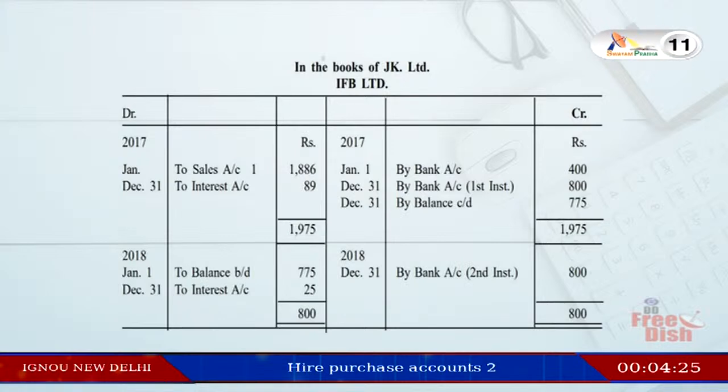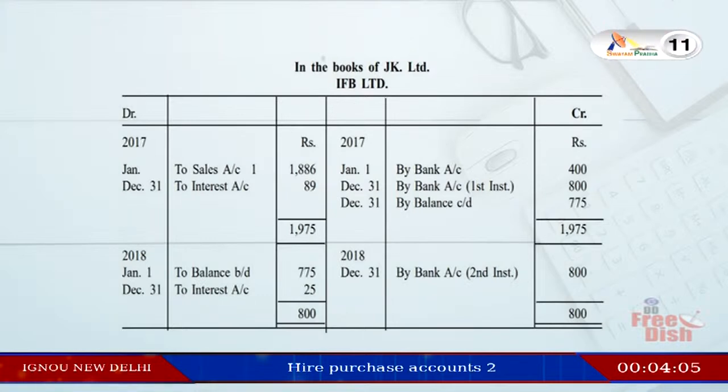Now the amount of interest is 89. We can easily calculate the amount of interest. This is the total amount of sales. Out of this, we paid rupees 400 as cash down payment and 800 at the time of first installment.